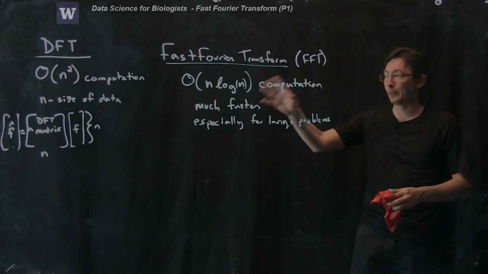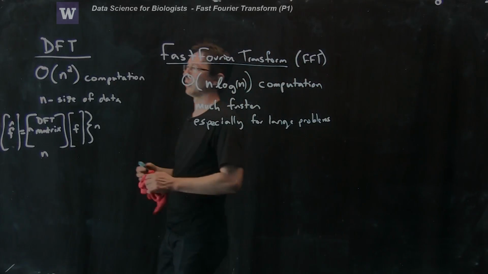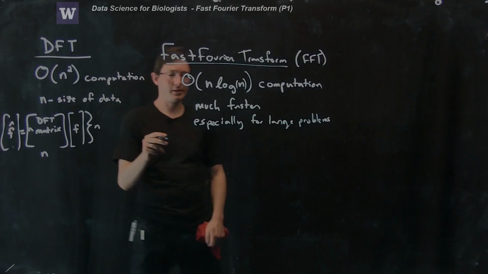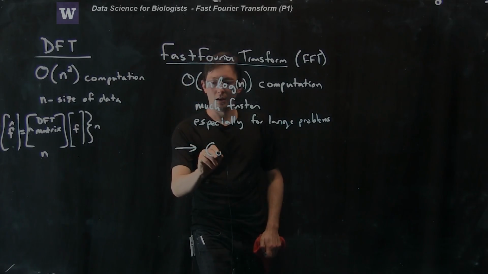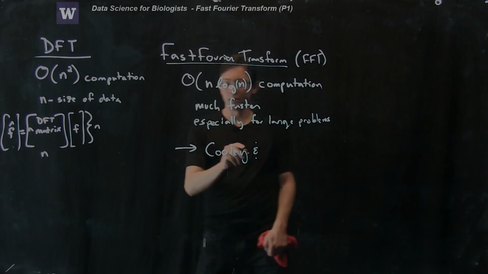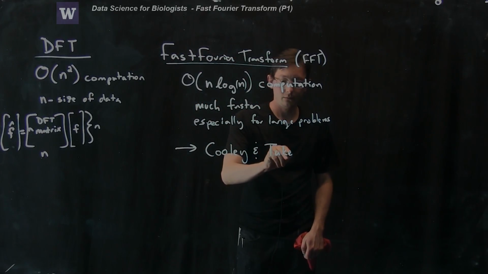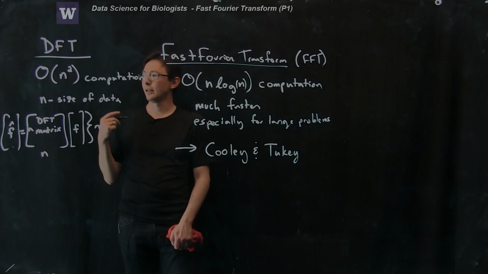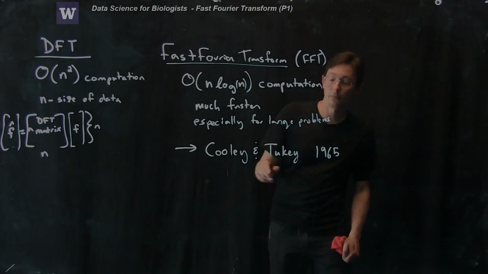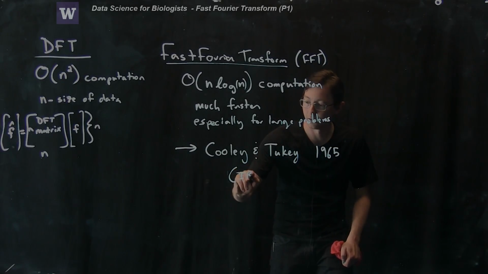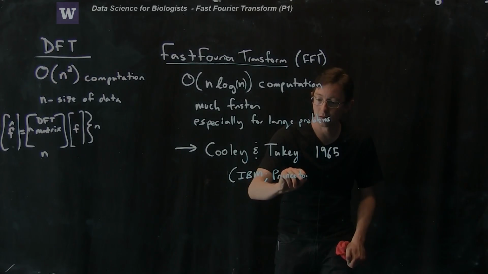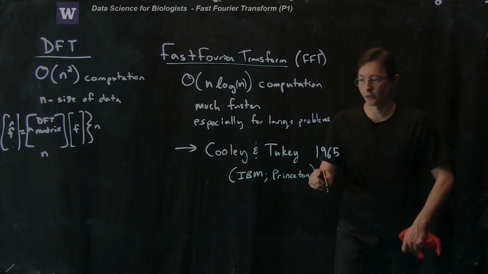And I'll give you an example that compares the two of these algorithms in a little bit more detail. But I just want to give you a little bit of history. This was developed by Cooley and Tukey in 1965, and this was a collaboration between IBM Labs and Princeton University.